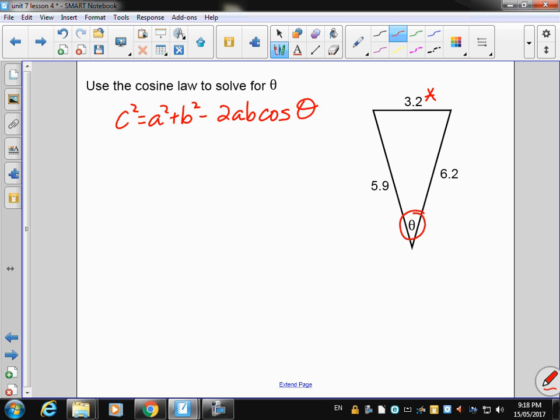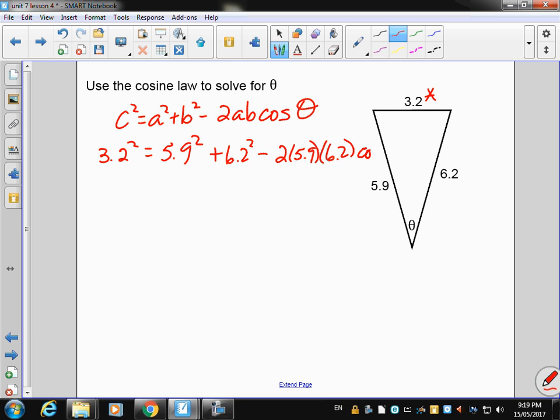Since it's theta that I want, I have to start my cos law with that 3.2. So 3.2 squared equals the other two sides squared, subtract 2 times the other two sides, cos theta.